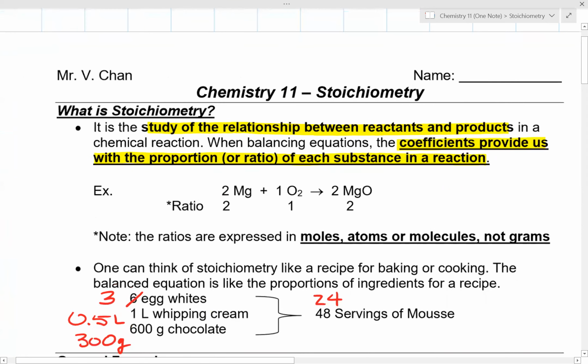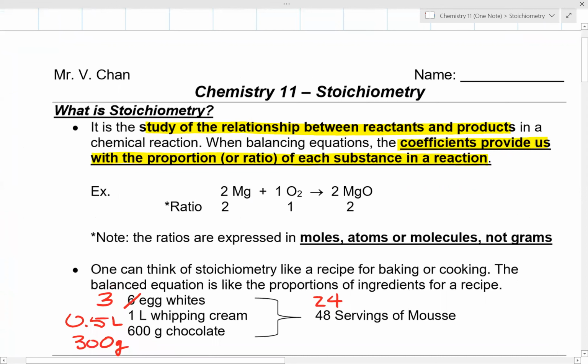You know that because since the egg whites went down proportionally by 1/2, everything else goes down proportionally as well: the amount of whipping cream, the amount of chocolate, and the number of servings produced. If you keep this idea in mind, this is basically stoichiometry.